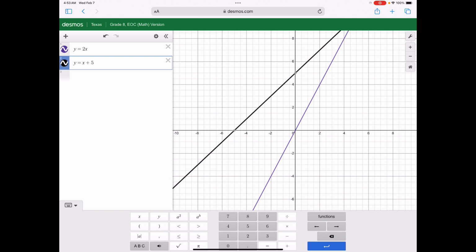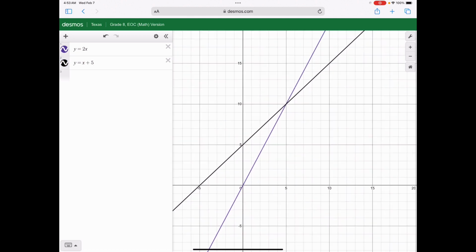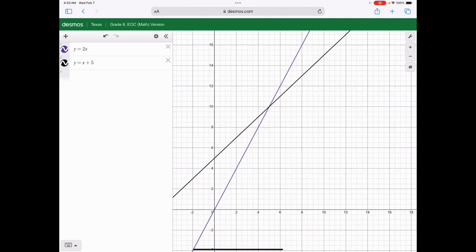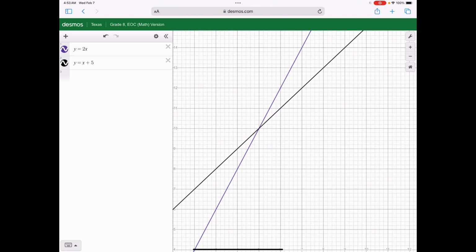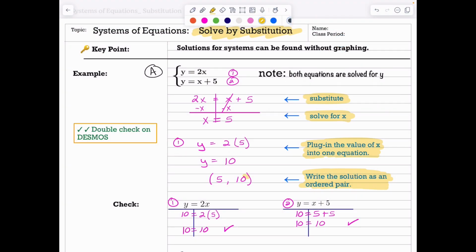I can't quite see the point where they intersect, so I move my graph. I put my finger right there where the two come together, and the solution is 5, 10. So we found 5, 10 solving mathematically and by graphing.